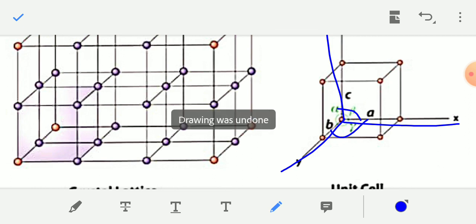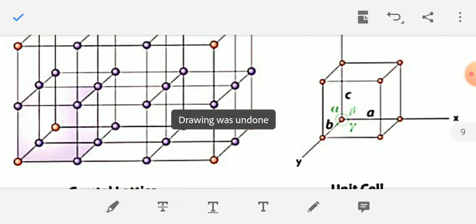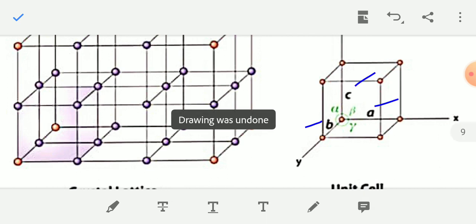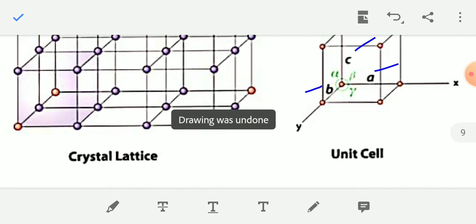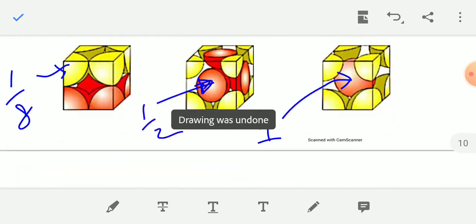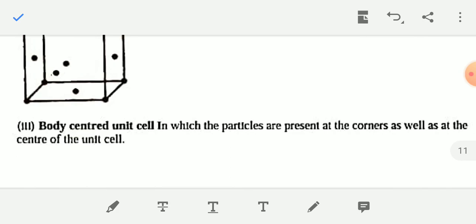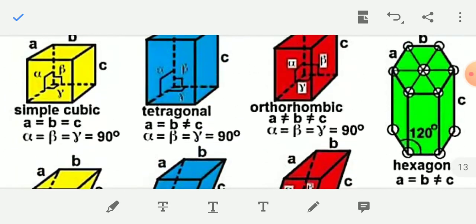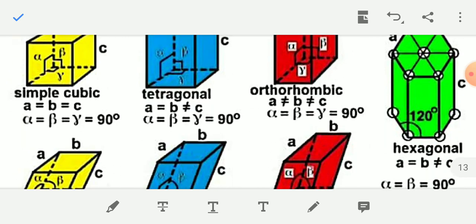So based on these values, the edge length along three dimensions, that is A, B, and C, and the angle between the three axes, alpha, beta, gamma, and based on the relation between these ABC and alpha, beta, gamma, crystal systems are of seven types. There are seven crystal systems.